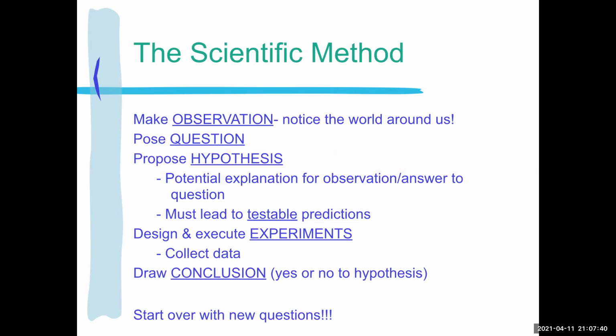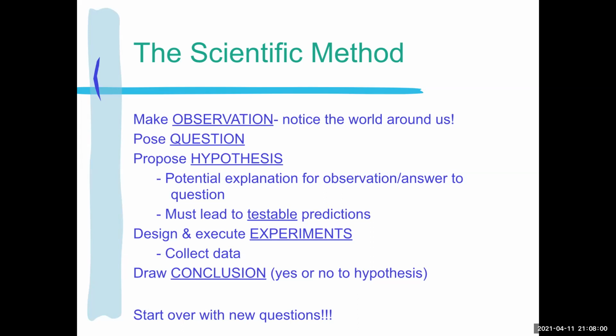You have probably heard about the scientific method in another science class at some point, and it's described this way. First, you make an observation, notice the world around us, then pose a question, probably based on that observation, and then propose a hypothesis.